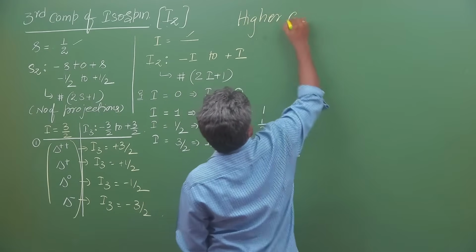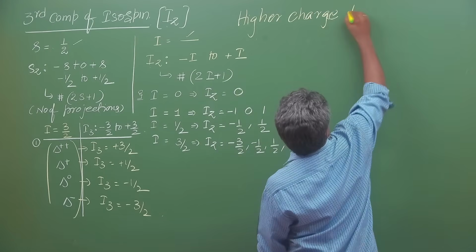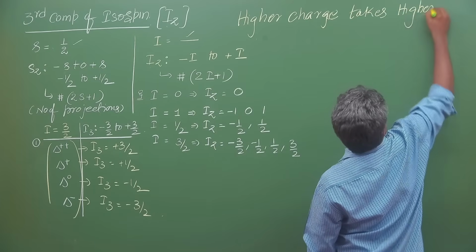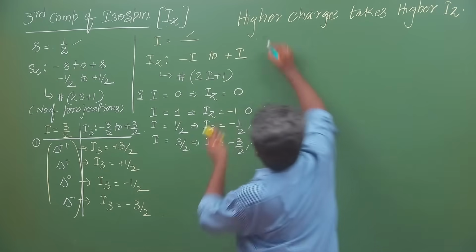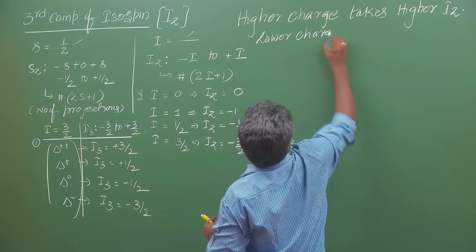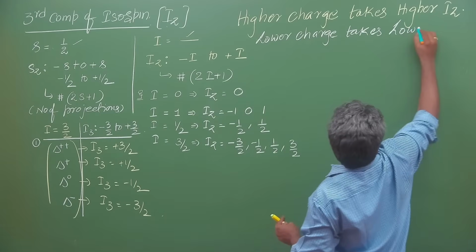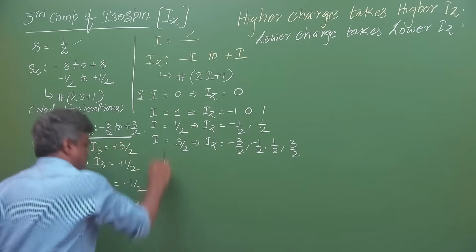Higher charge takes higher IZ. Lower charge takes lower IZ value. Now wait, how many of you understand this?